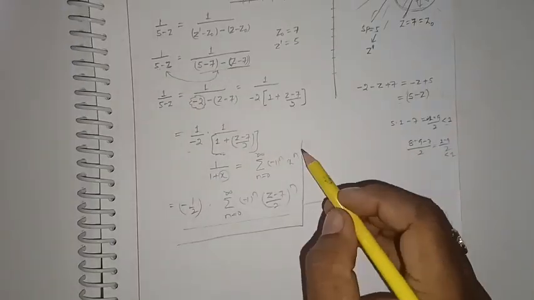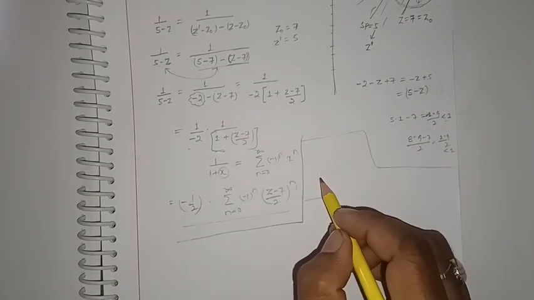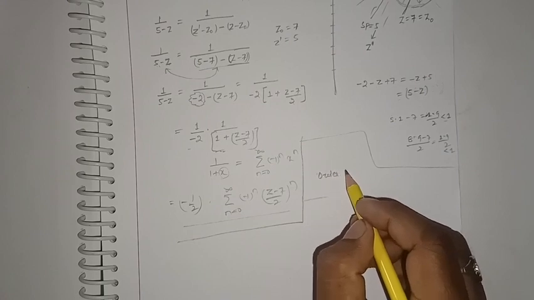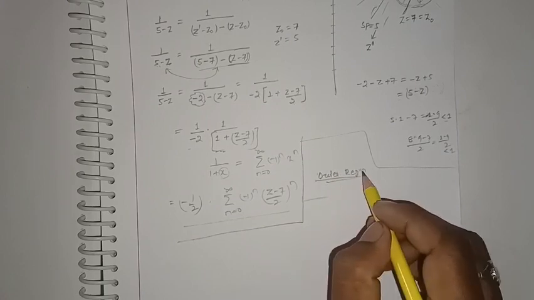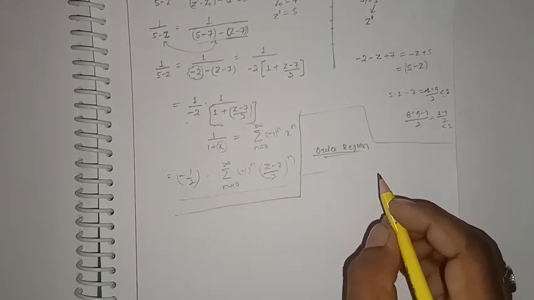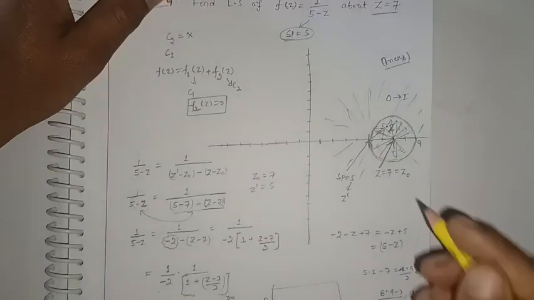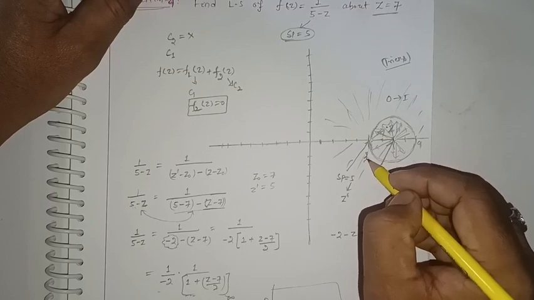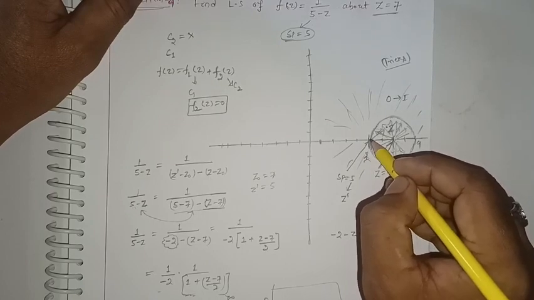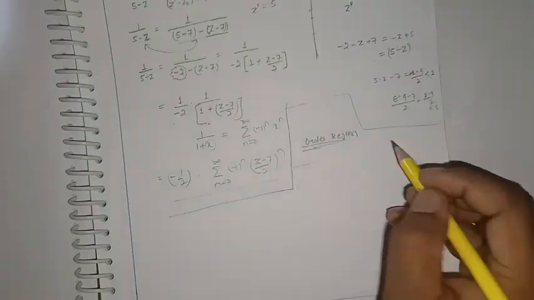For the outer region, what will the Laurent series be? Outer region means you are standing at z dash, and you are moving from this point to outside, in to out.